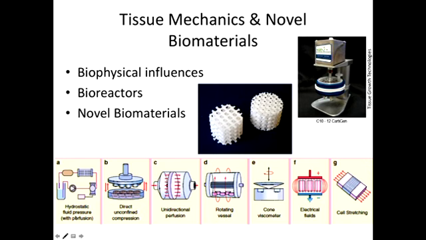These can include: cartilage requires hydrostatic pressure or compression. Muscle requires cell stretching for the alignment of the muscle fibres and to maintain those myocytes as differentiated cells. If you're thinking about blood vessels, you've got to consider factors such as unidirectional flow past cell types. So we need to mimic the environment in which those cells are in vivo in an in vitro setting.